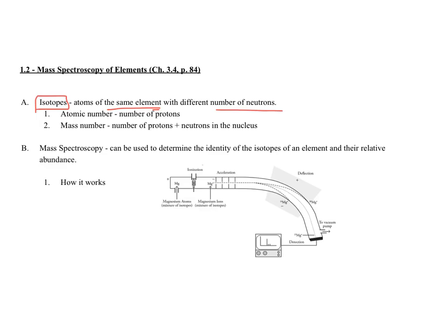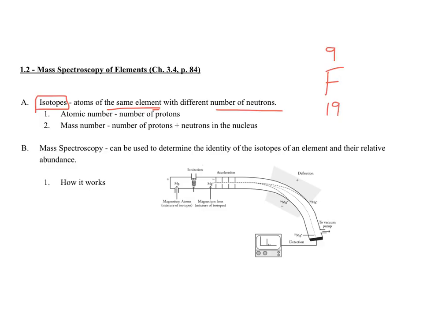So first of all, let's talk about what you see on the periodic table. If you look up fluorine, for example, on your periodic table, it has an atomic number of 9, and it has a mass number of 19 if you round it.